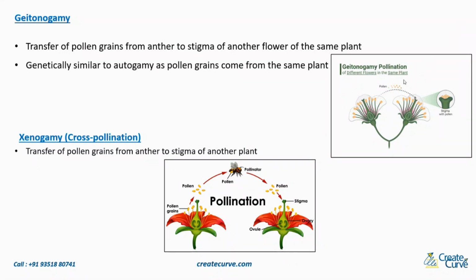So I can have, let us say, sunflower plant 1 and sunflower plant 2, completely different plants, not joined at all. But remember, they are both sunflowers. They could be put in different fields or different pots or whatever it is, but both are of the same species. So xenogamy is transfer of pollen grains from anther to stigma of another plant of the same species. You have to mention that, please.